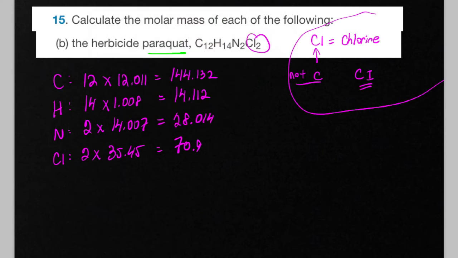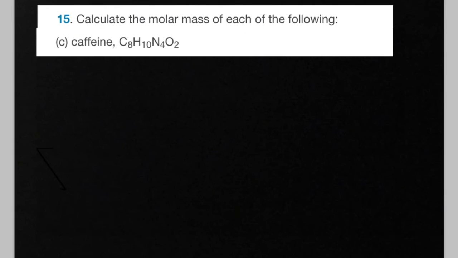So 70.9. Now let's go ahead and remember the last step is to always add all these up. And let's see what we get for the grand total for the molar mass. Okay, so the grand total here is 257.158 grams per mole.